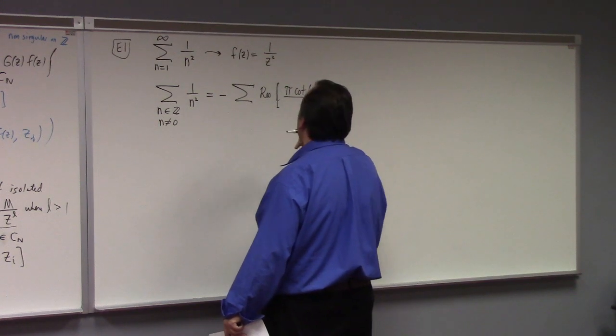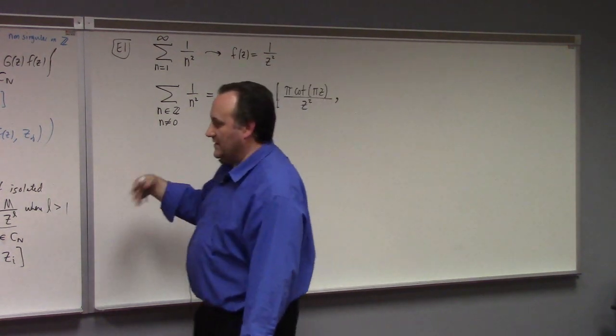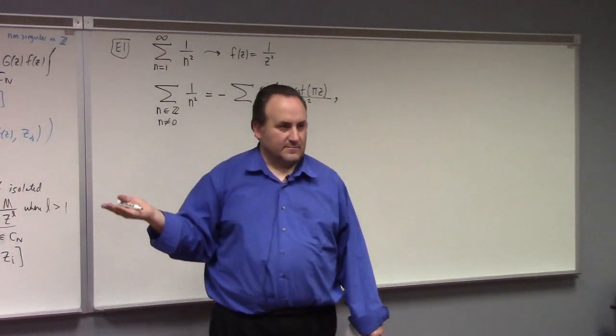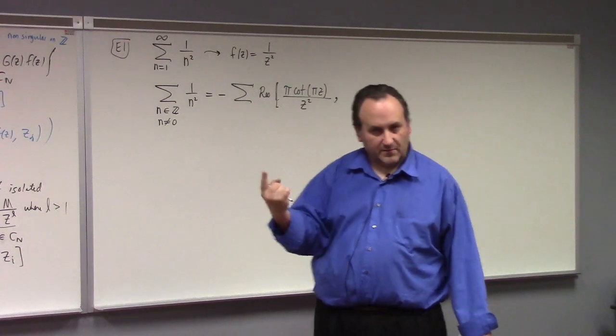And so what is the set of singularities, the finite set of isolated singularities for f of z in this case? There's just one. It's 0.